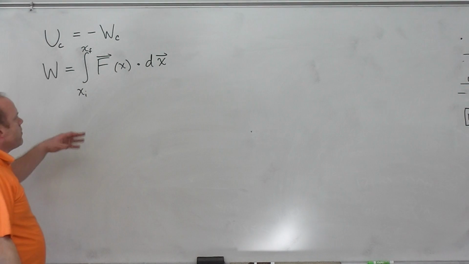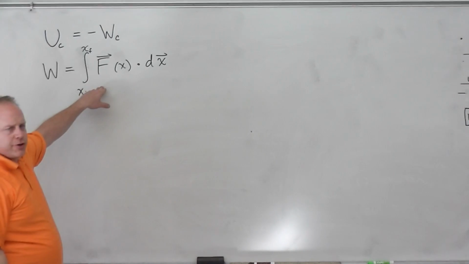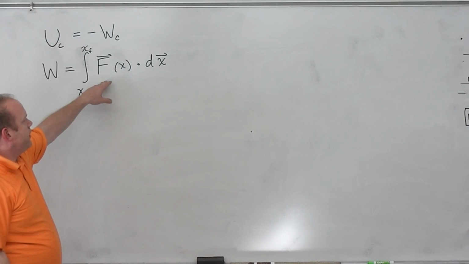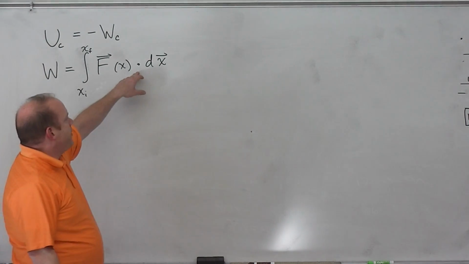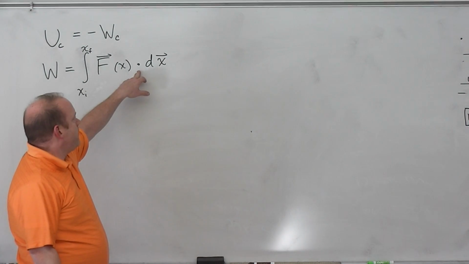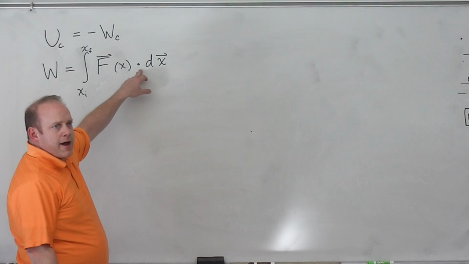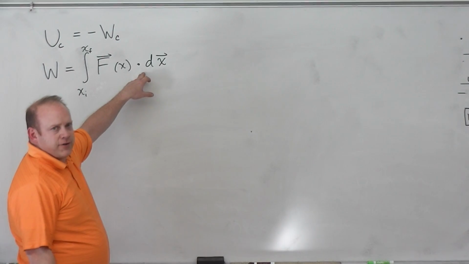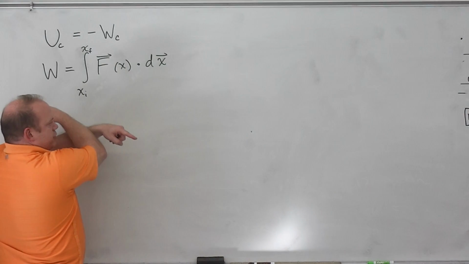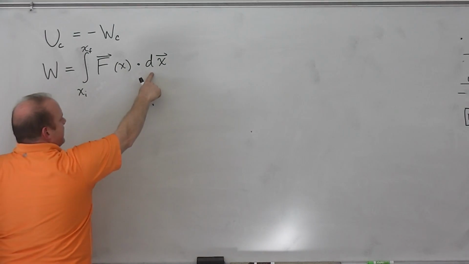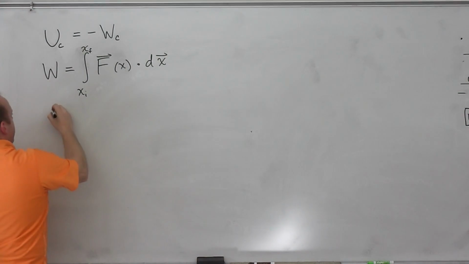Now, we're going to look at one-dimensional, so we don't have to worry about the dot product so much, other than to say we'll probably put it more in cosine, recognize whether or not it's negative or not, okay? So in other words, if the force and the direction of motion are in opposite directions, we have to recognize it and put a negative in there.